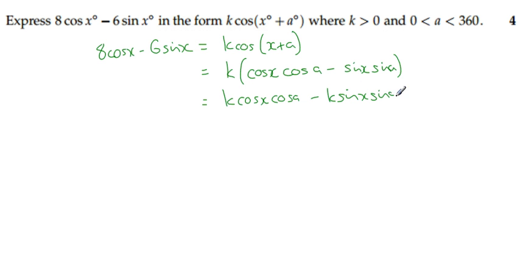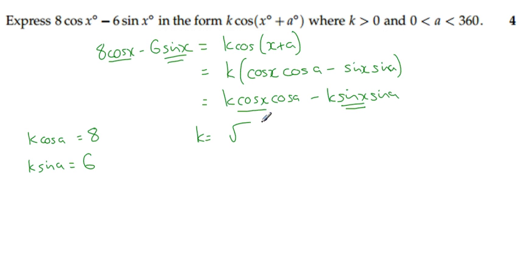Okay, so then you compare your coefficients to get your k cos and your k sin. So cos x is here, cos x is here. So attached to this is k cos a. Attached to this is 8, so k cos a has to be the same as 8. Sin x is here, sin x is here. So negative k sin a is equal to negative 6, which means k sin a is equal to 6.